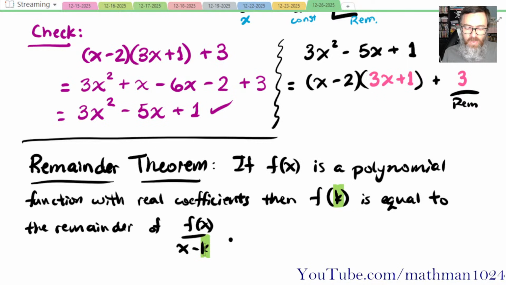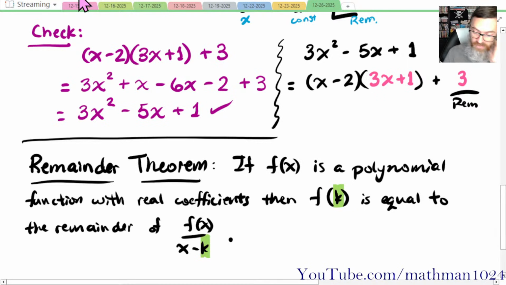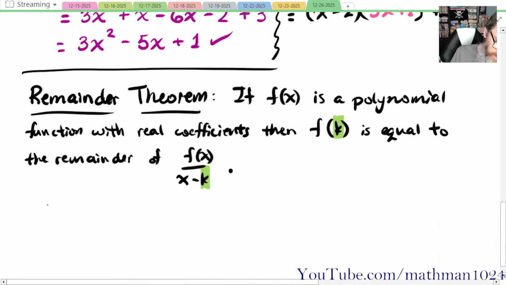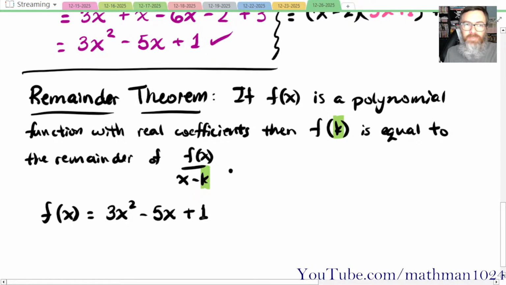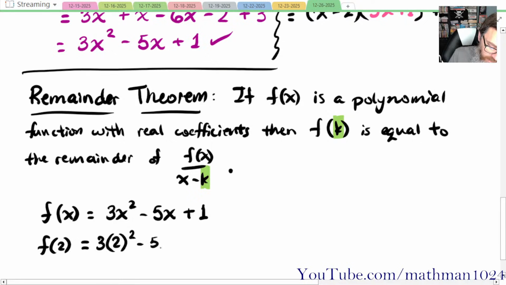So I want to use something from the very last problem so you can kind of see how it's all connected. At least I hope you'll be able to see this. So f of x is equal to 3x squared minus 5x plus 1. I could say find f of 2, right? And if I do f of 2, that means I would do 3 times 2 squared minus 5 times 2 plus 1.